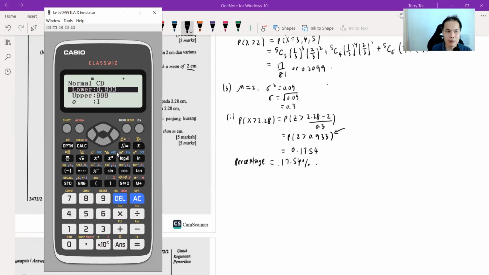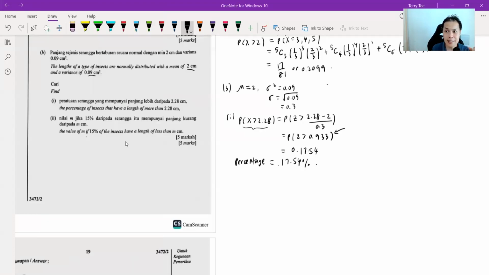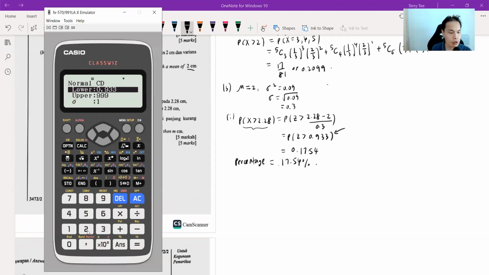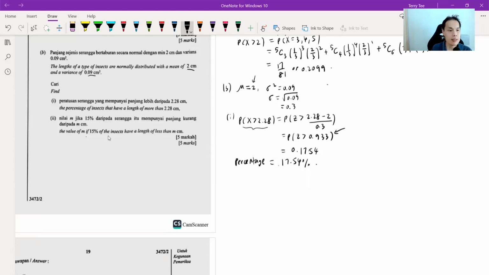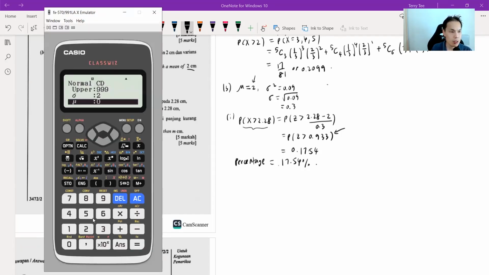But the advantage of this calculator is that you can even change to X, the non-standard normal distribution. Z is a standard normal distribution, with a mean of 0 and standard deviation of 1. But X is a non-standard normal distribution. So if I use 2.28 and upper tail is 999, I can set my mean to be 2 and my standard deviation, sigma, to be 0.3.